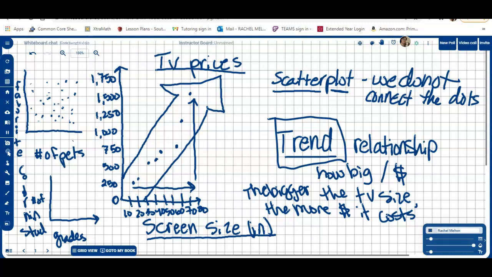Most likely the more minutes you study, the higher the grade. So again, that would give us something that sort of goes like this. If my dots are everywhere and there's no trend at all, that means there's just no relationship. Otherwise, we're looking to see what that trend actually is.